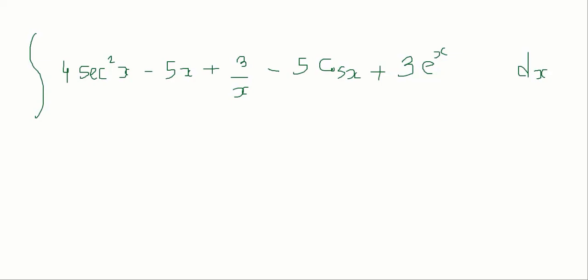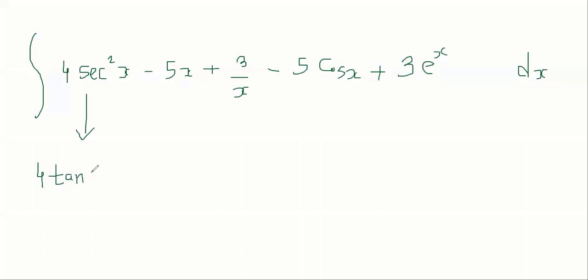How will we solve it? So, कैसे करेंगे? Same thing. The idea is the integration of this 4, तो ऐसा ही है. Secant square x. Secant square x is differentiation of what function? 10x. So 10x.